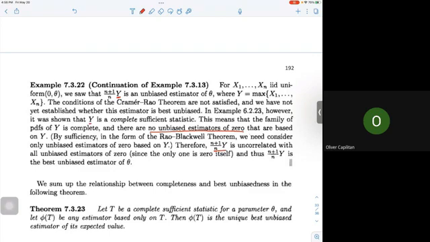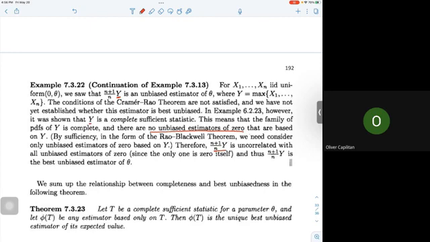So ginamit natin yung completeness na definition. We usually apply the definition, say, if we cannot express yung ating PDF in an exponential form.